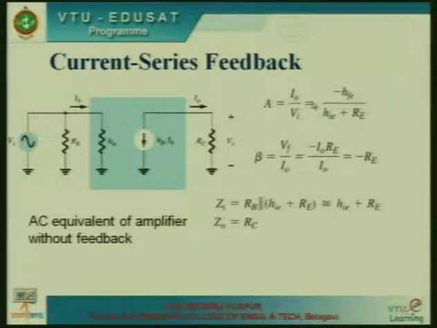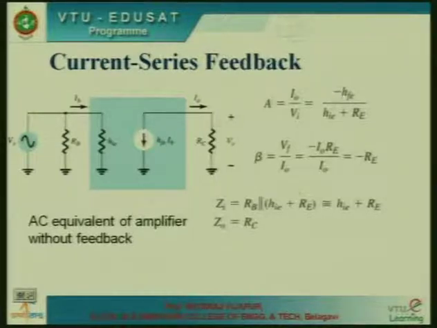So, it can be calculated as minus HFE divided by HIE plus RE. Here I naught is nothing but HFE into IB. You can observe that I naught is taken as positive if it is flowing into the load. Now, here the direction of collector current is such that it is flowing outside the load. So, you have a minus sign here.